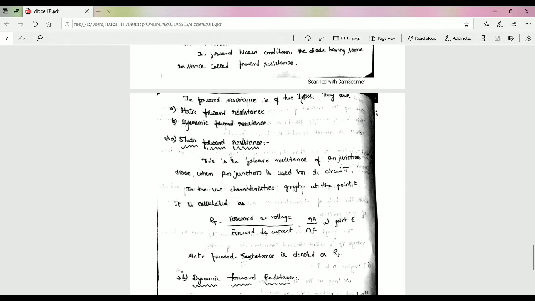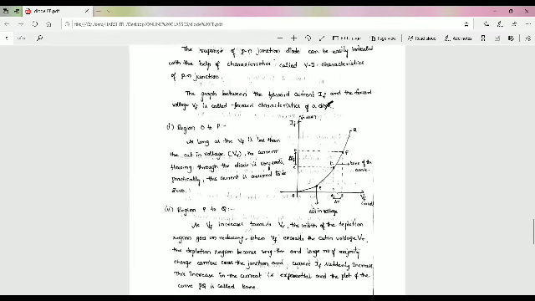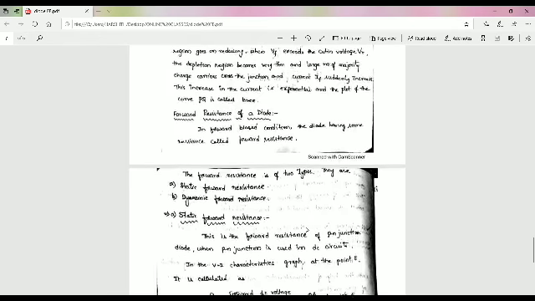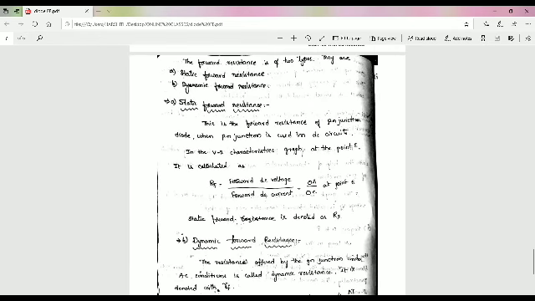So RF equals forward DC voltage by forward DC current, since resistance is voltage by current. That is OA by OC at point E.